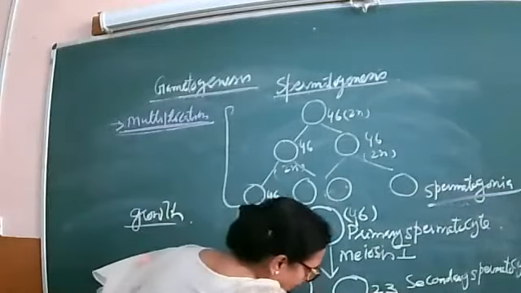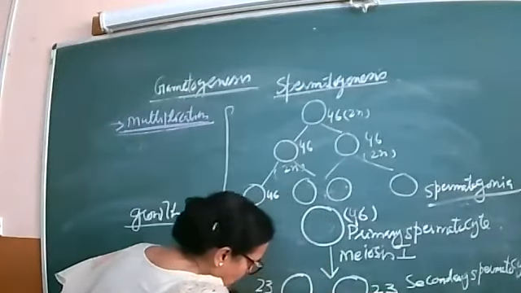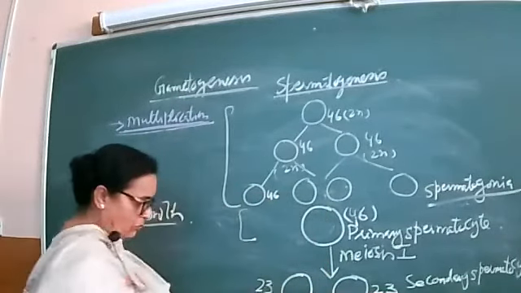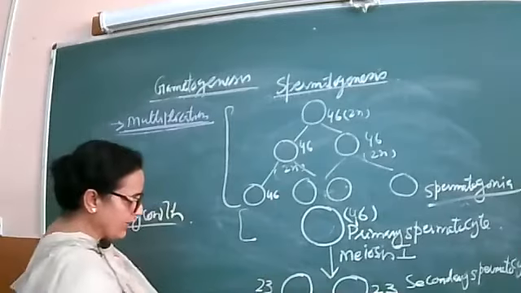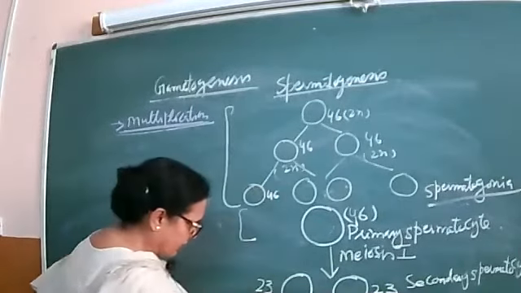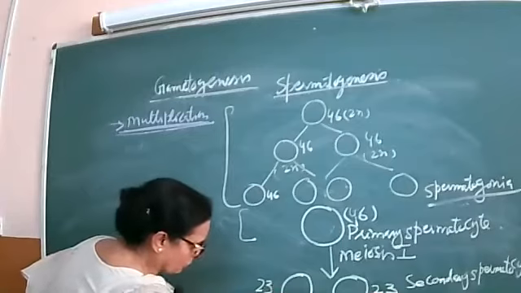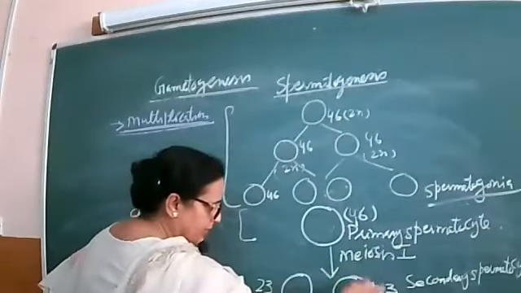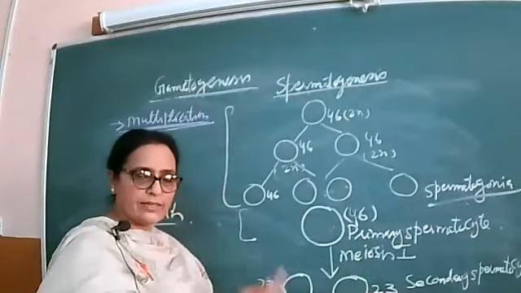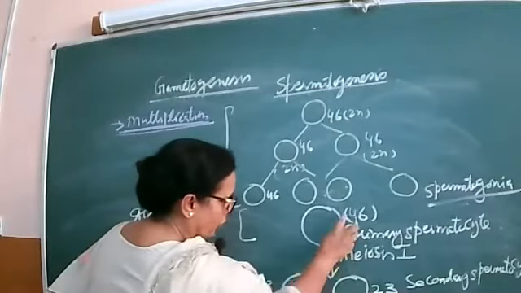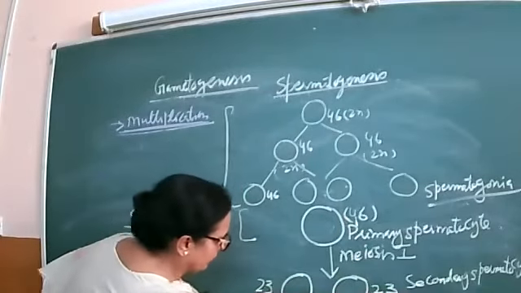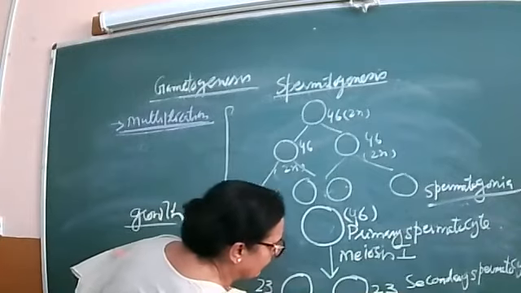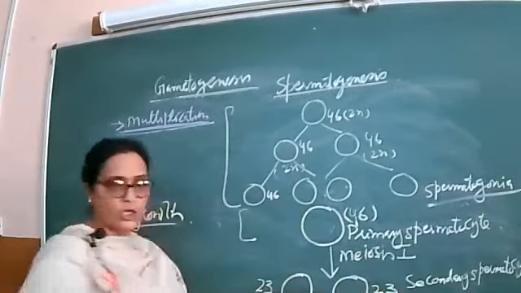These four cells will have the same number of chromosomes, because ploidy has reduced here from 46 to 23 chromosomes. All of them have half the number of chromosomes.